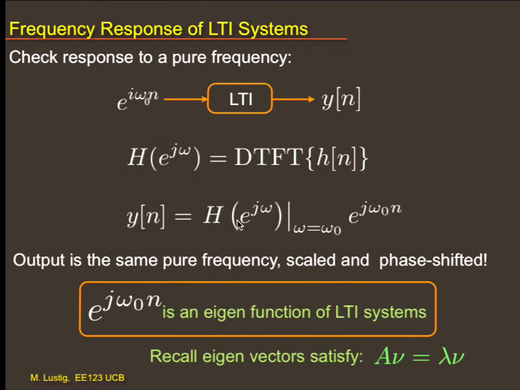Okay? So if you put a particular vector and that vector stays the same except that it's scaled, sounds similar? You put something in, signal in, it's only scaled or phase shifted, so multiplied by some constant. That's exactly an eigenfunction. And so e to the j omega 0 n are eigenfunctions of LTI systems.